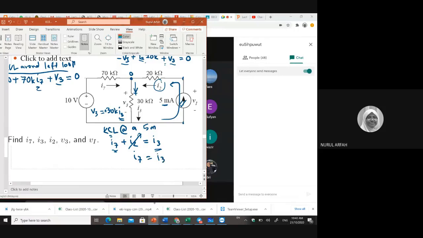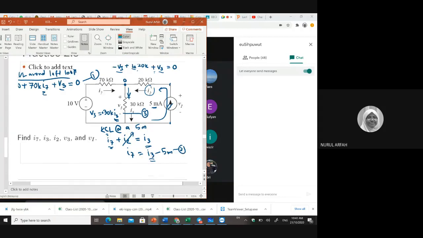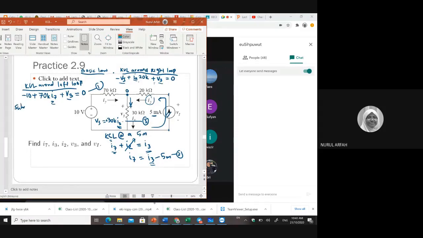I3 minus 5 milli. And then you can substitute into, if this is the first equation, and this the second equation, and this the third equation, you will have I3 here, I3 here, into this, right? The first equation, substitute 2 and 3 into 1.